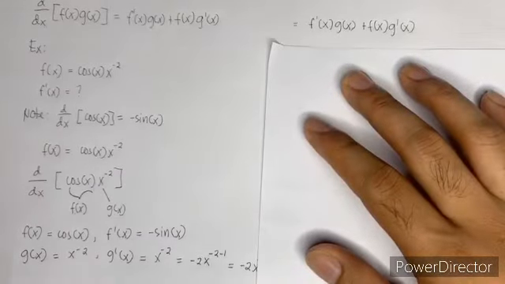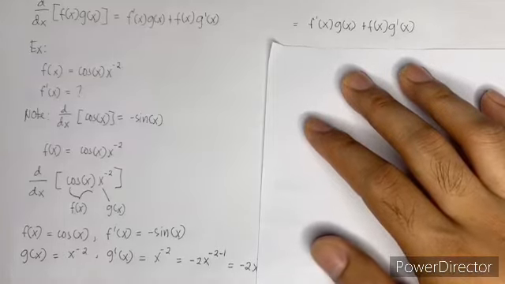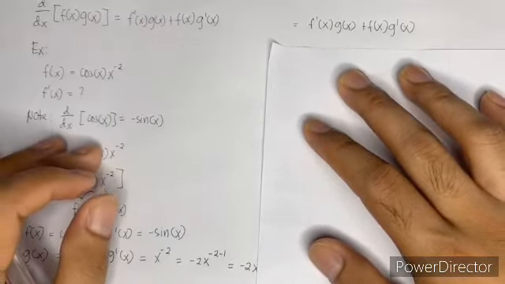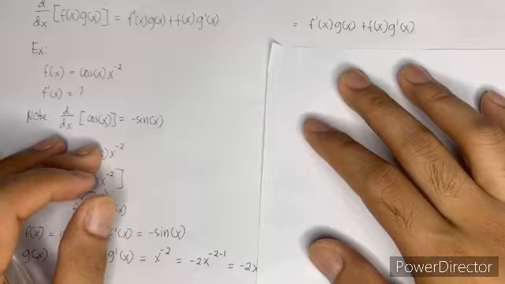So now we will substitute all the values we got into our formula, f prime of x times g of x plus f of x times g prime of x.